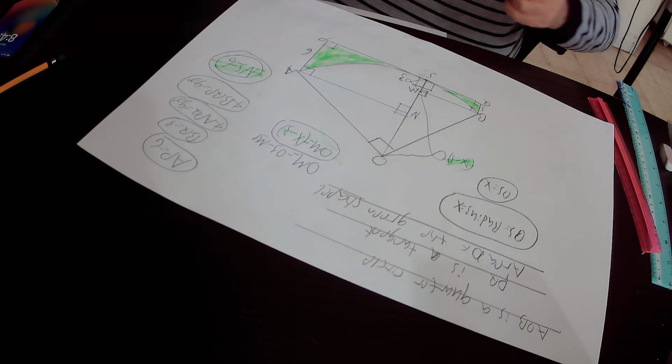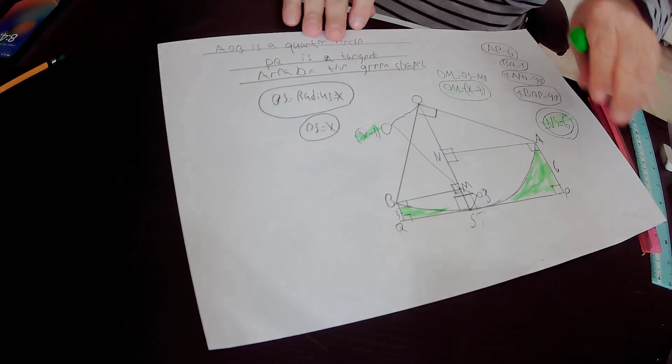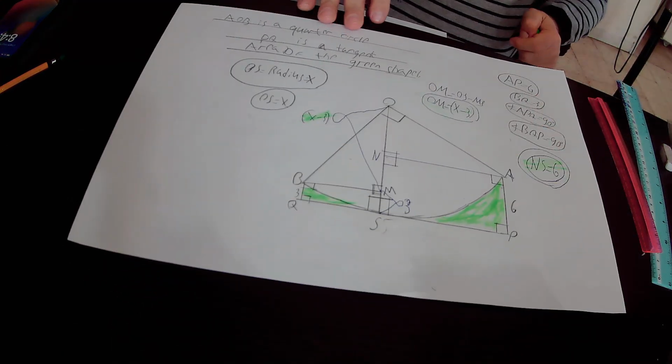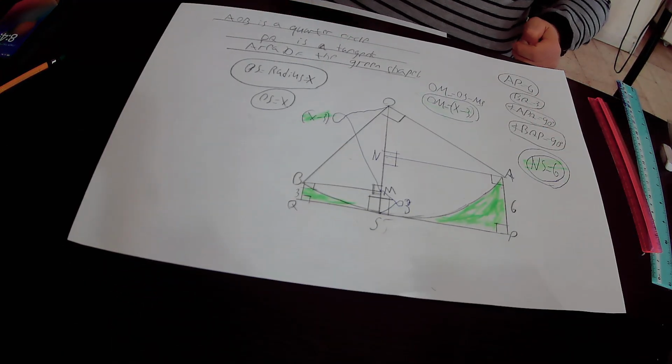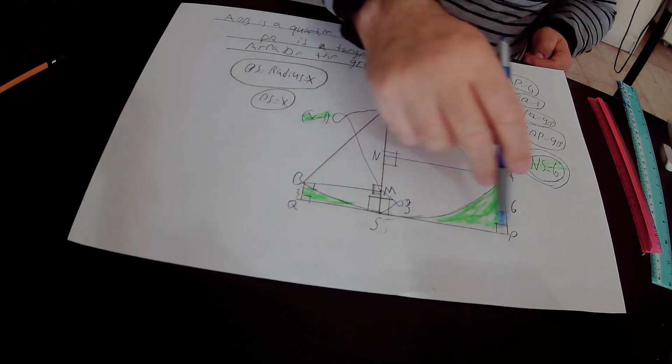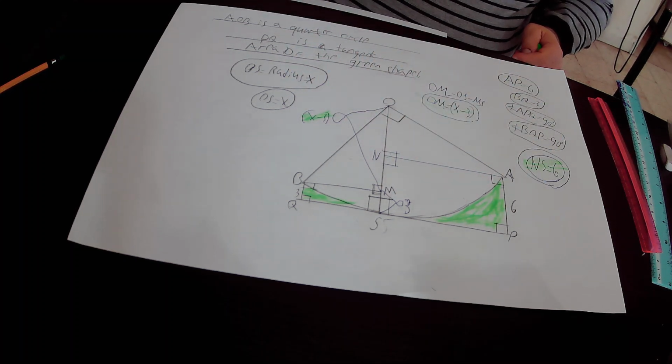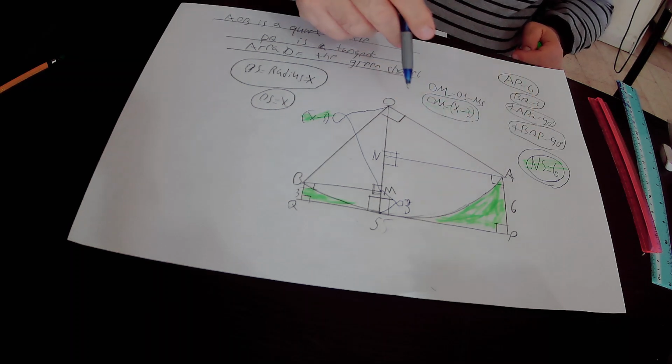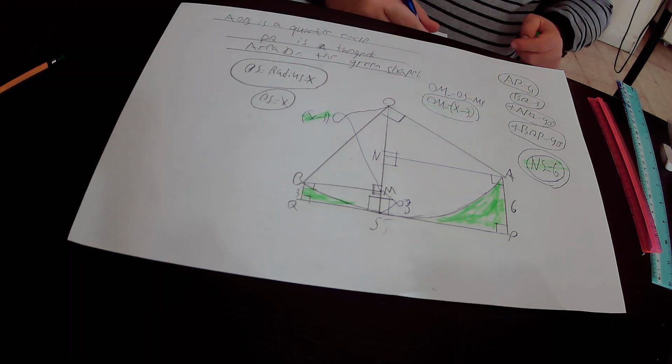Likewise, we know that the opposite sides of a rectangle are parallel to each other. So in rectangle ANSP, side AP is parallel to the opposite side SN. So I write it down.